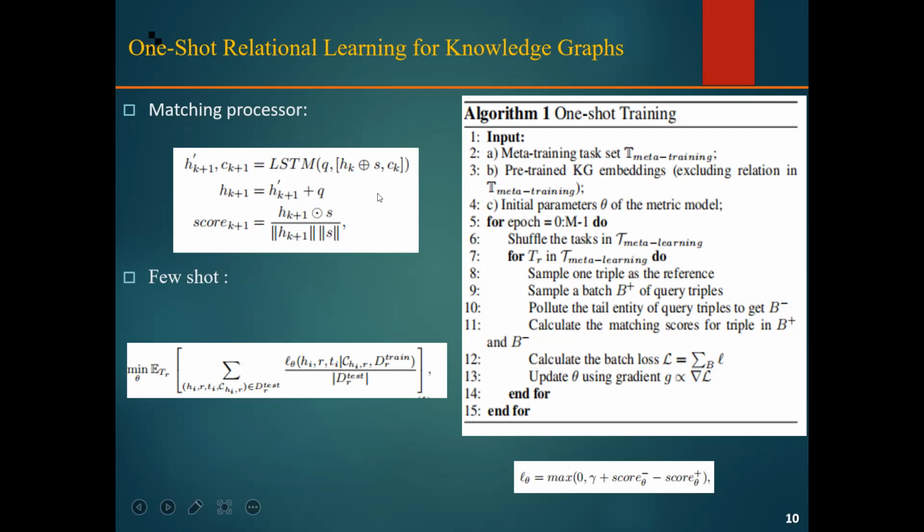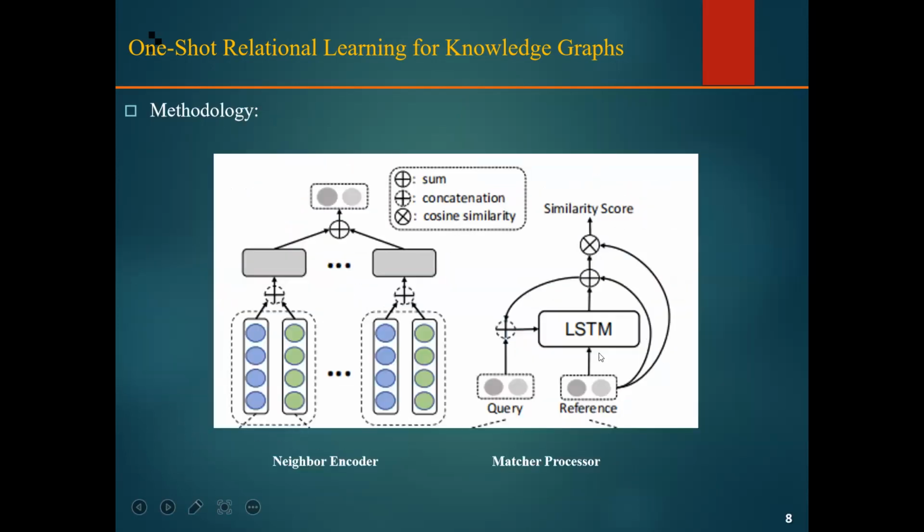To get the similarity between the query and the reference, we rank among all the candidate entities we have.